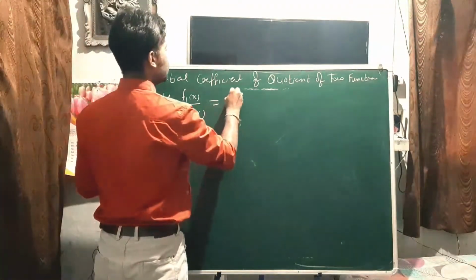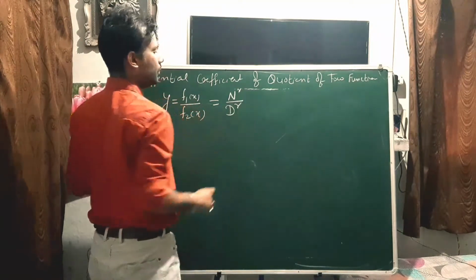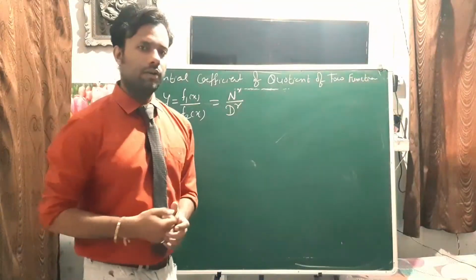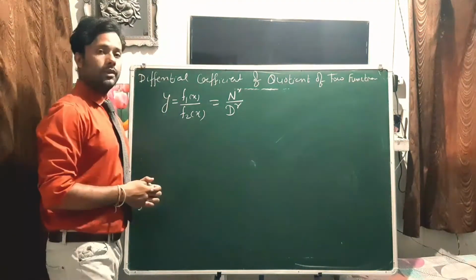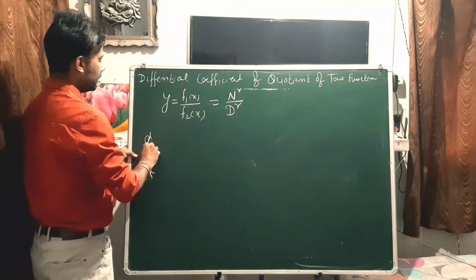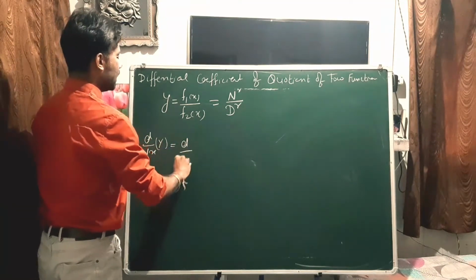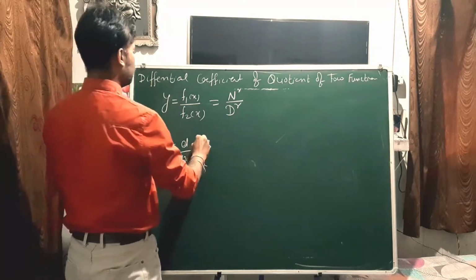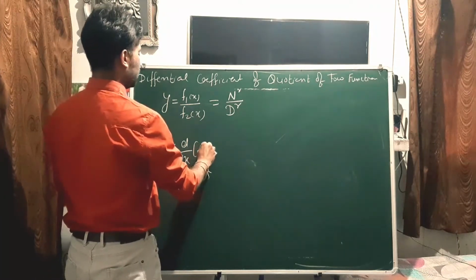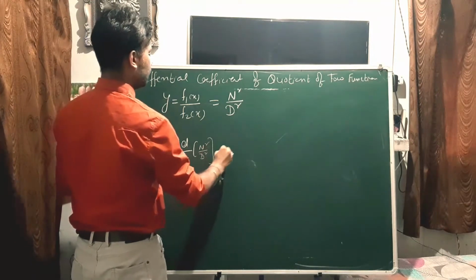Let's say you can write it as NR and DR, for the ease of learning the formula. So what will be the differentiation? dy by dx, that is d by dx of y, that means d by dx of NR upon DR.